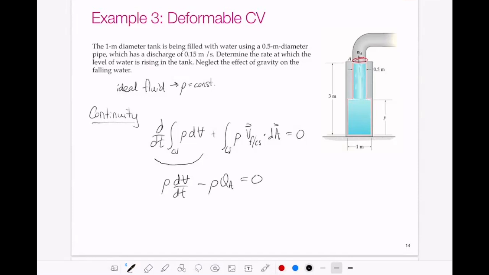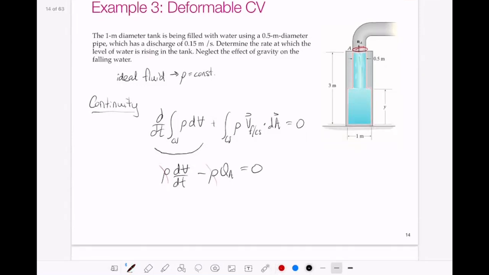Since this is all equal to 0 and density is constant, we can divide both sides by our density. The equation that we have is dV/dt is equal to QA, which is equal to our velocity, 0.15 meters per second, times the diameter of the entrance pipe, which is 0.5 meters.